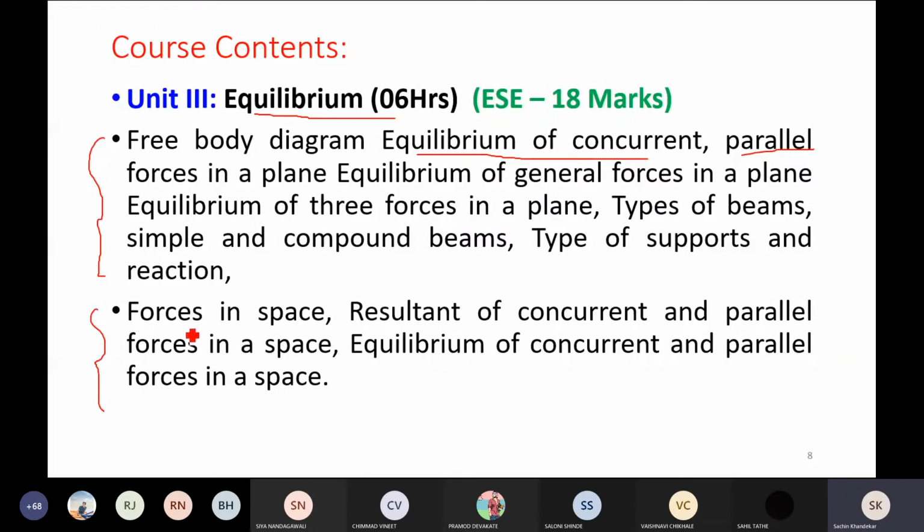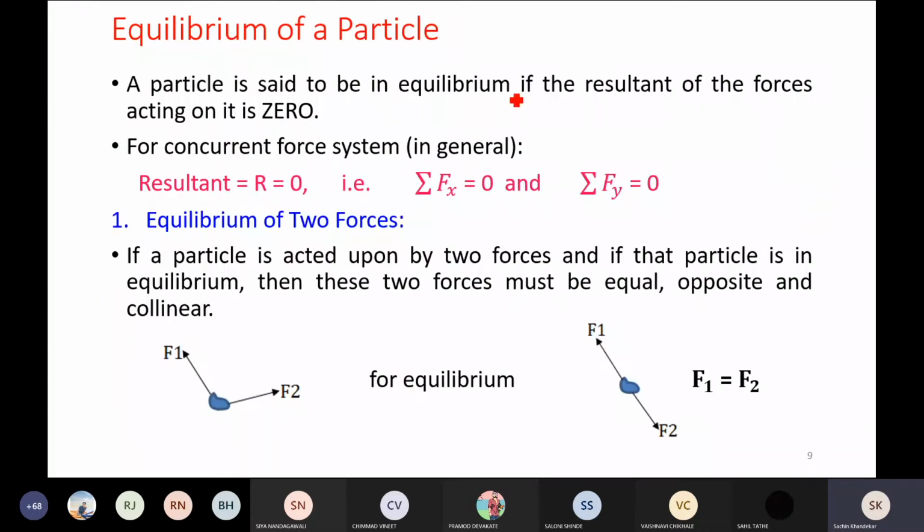The second part is forces in space, resultant of concurrent and parallel forces in a space, then equilibrium of concurrent and parallel forces in a space.